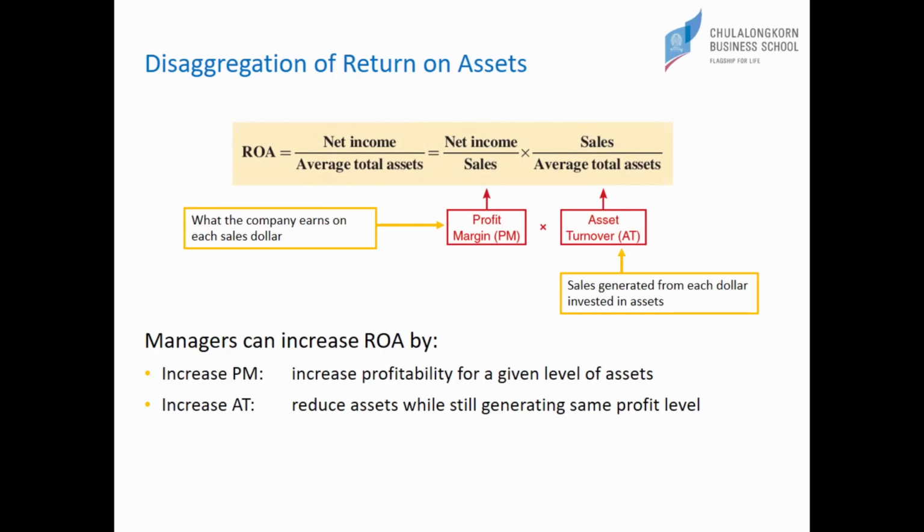In order to do so, the company should try to make sure that the asset level is minimal while maintaining the same sales level. So you see how it works, right? By looking at this kind of disaggregation, managers can gain some insight about how they should be managing sales or income or even the assets if they want to increase the profitability.